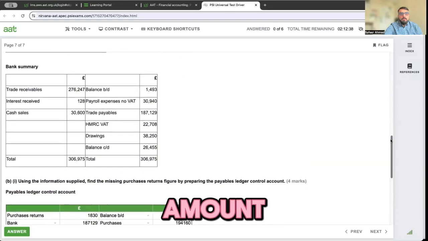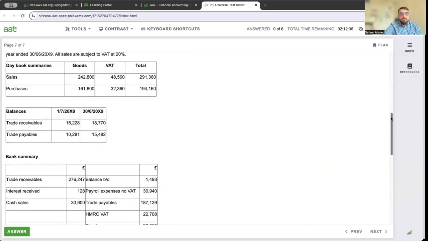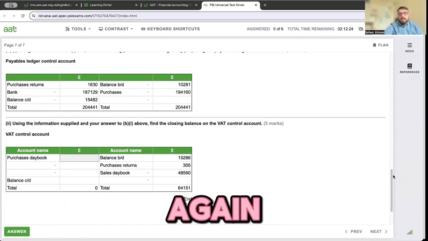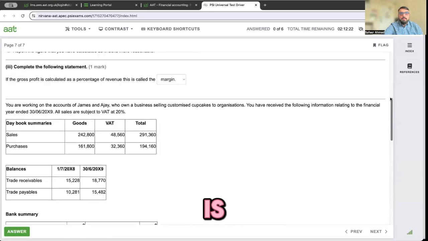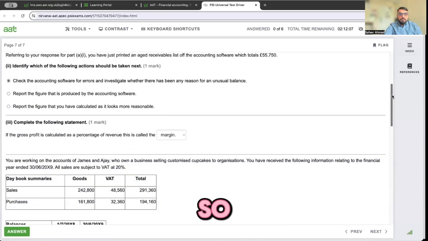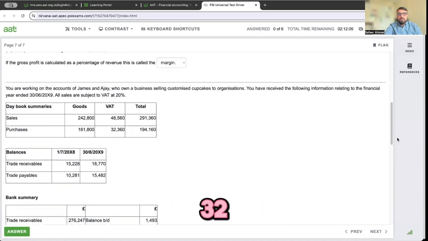Okay, and the amount for that was 48,560, the VAT figure. There we go. And then in the purchase day book, again, the VAT is given to us as well. Why is it on the debit side? Because remember, this is an asset for the business. They are going to claim it back, in other words, or it will reduce the liability. So what's the amount for that? 32,360.